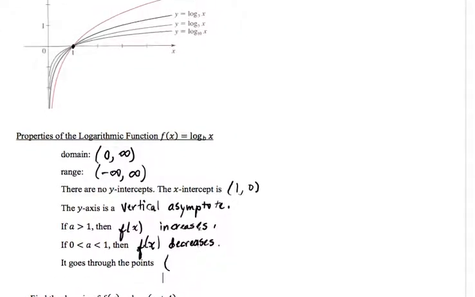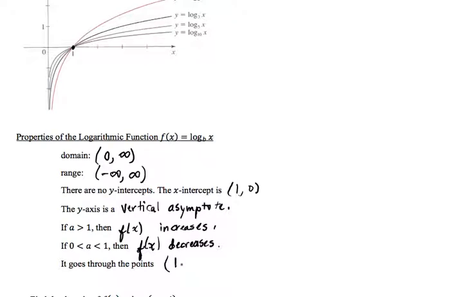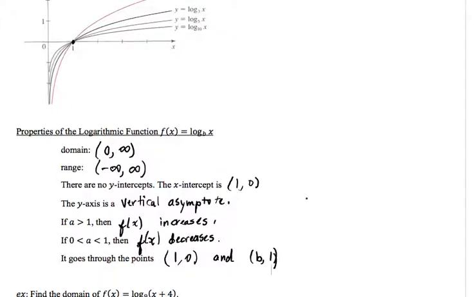These are the two that I plot when I plot these. And that is 1, 0, and another easy point is when x is equal to the base. So if, for example, the base is 5, when x is 5, log base 5 of 5 is 1. So they all go through the point b comma 1, where b is your base.